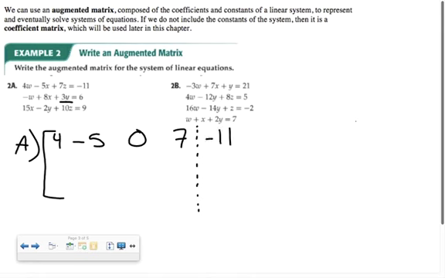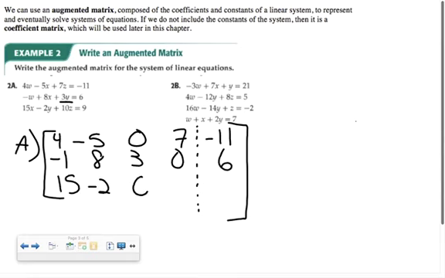In my next line, I have negative 1, 8, 3, 0, and 6. And in my last line, 15, negative 2, 0, 10, and 9. And that is my augmented matrix for part A.